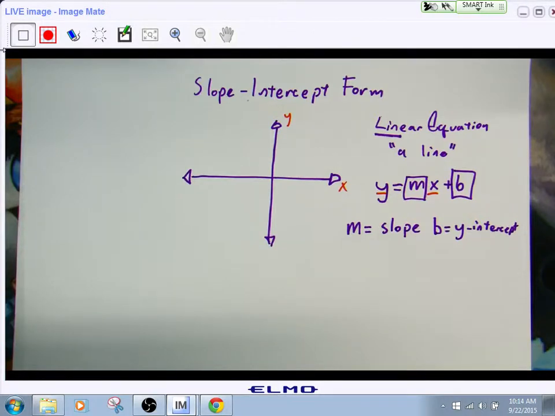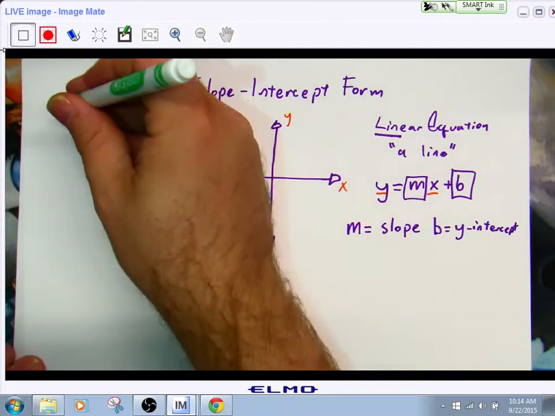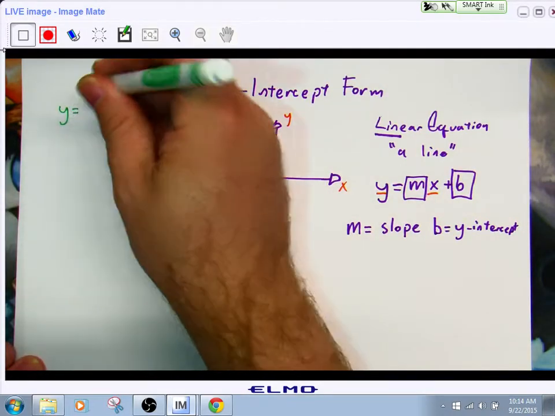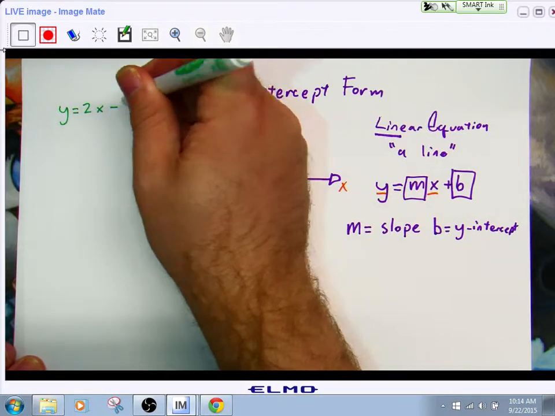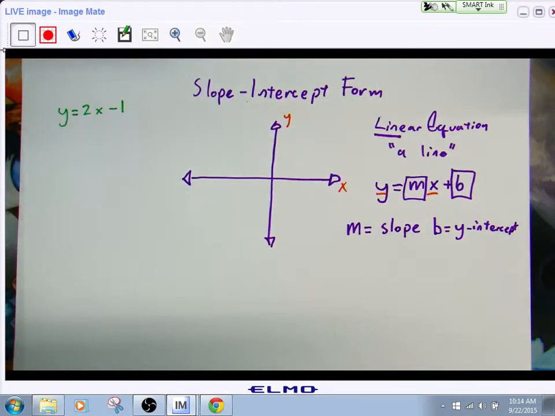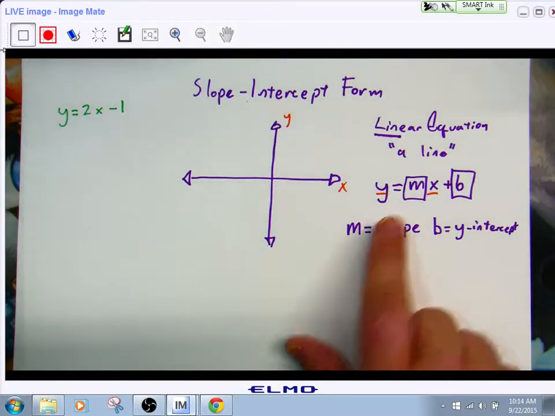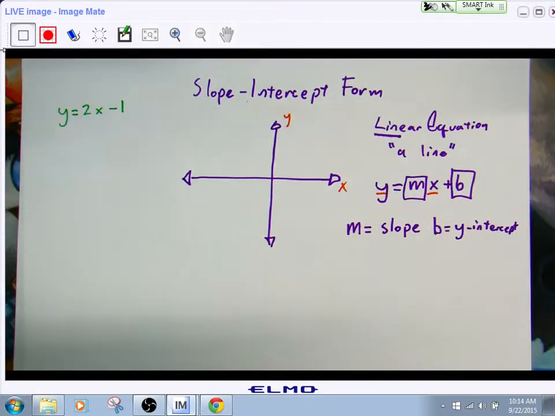So I want to give you an example of what an equation might look like. We might say y equals 2x minus 1. And what we're going to do is look at this equation and be able to graph it based solely on this y equals mx plus b form.